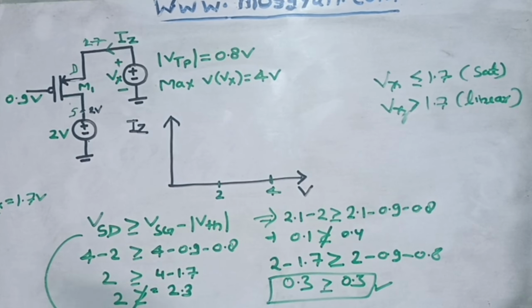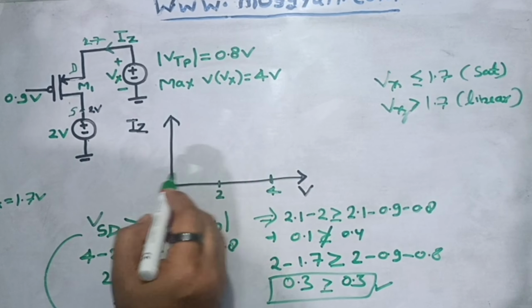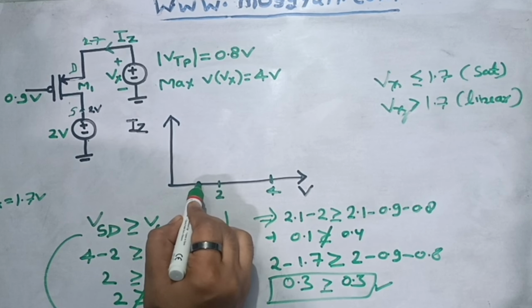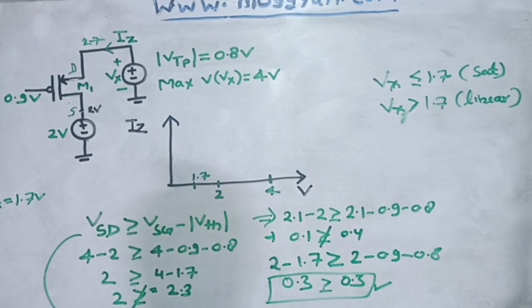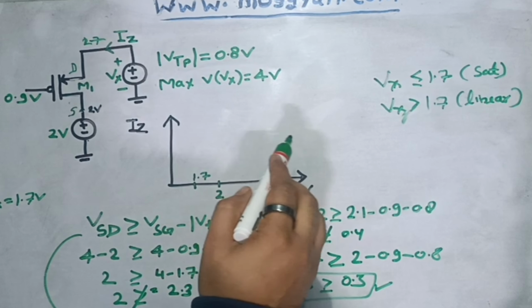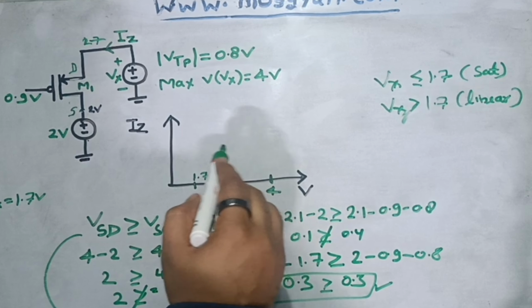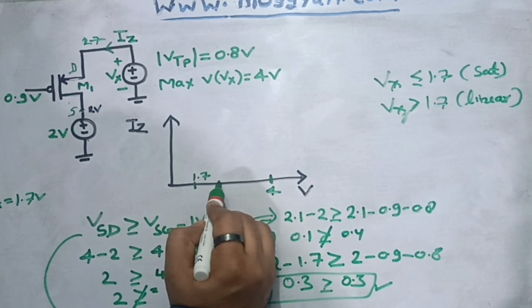So this was an important concept here. Now, the third important point on the x-axis is 1.7 volt, right? How will the curve look now? Let's talk about that. At 4 volt, you will have a certain amount of current flowing from this PMOS, right? And at 2 volt, it is becoming 0.